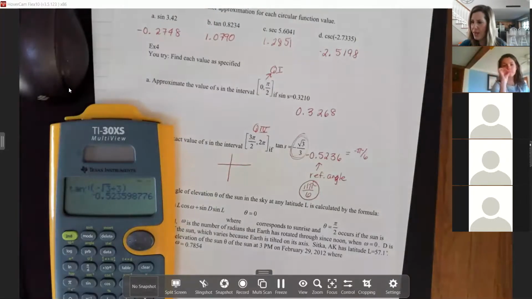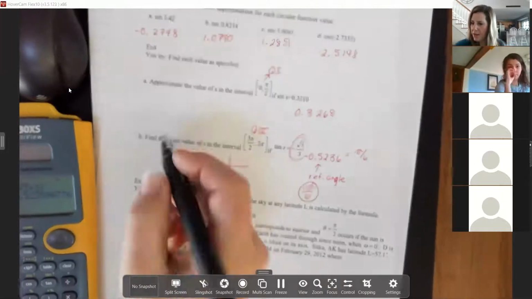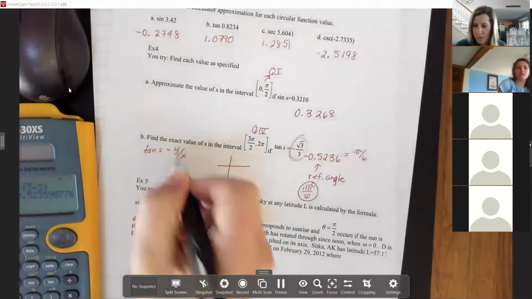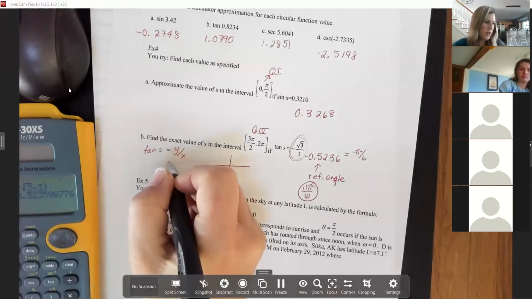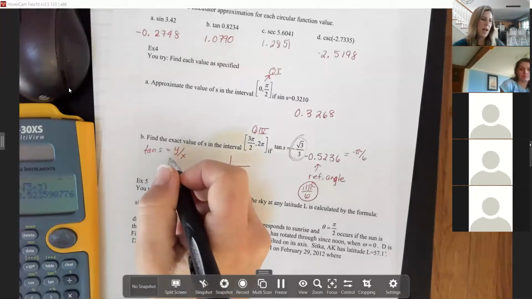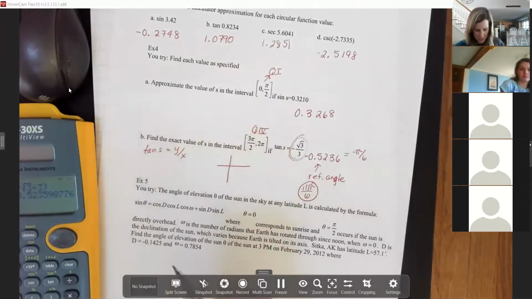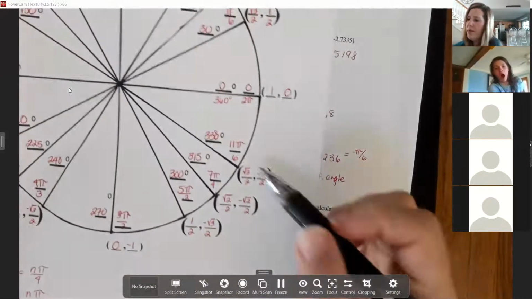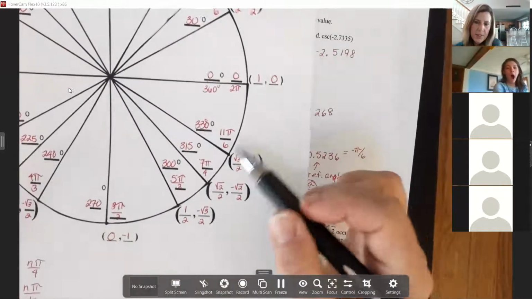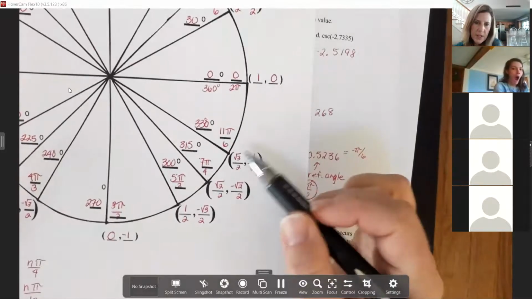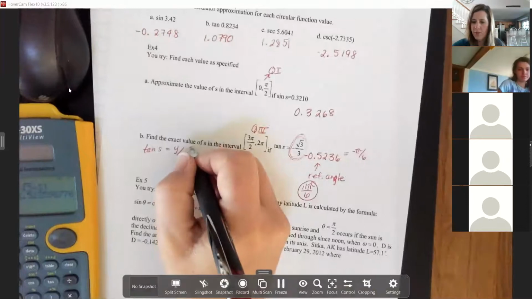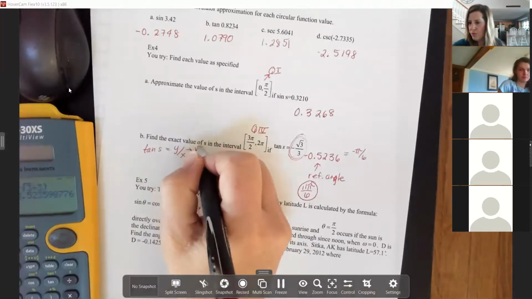So we are getting that tangent y over x. If you look at the coordinates, how are we going to get that?